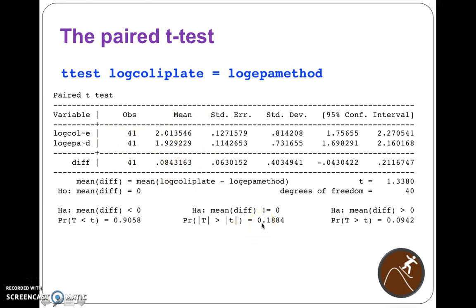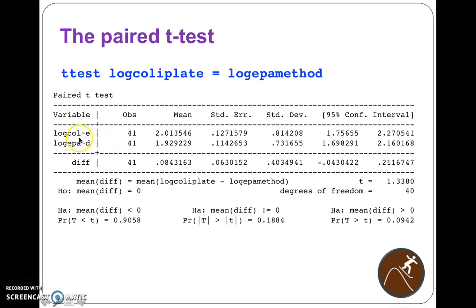Stata says the p-value is 0.1884. So since 0.1884 is greater than our alpha value of 0.05, we have insufficient evidence to conclude that there is a statistically significant difference. Therefore, we conclude that the data are not significantly different.